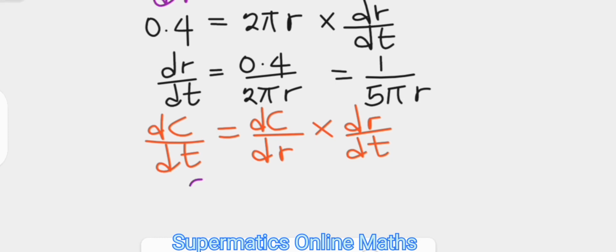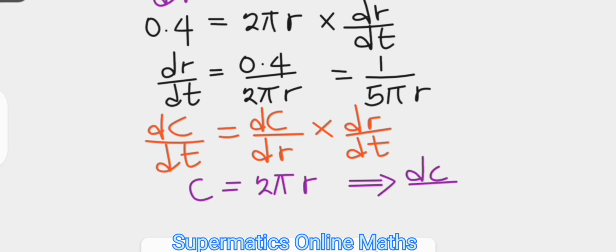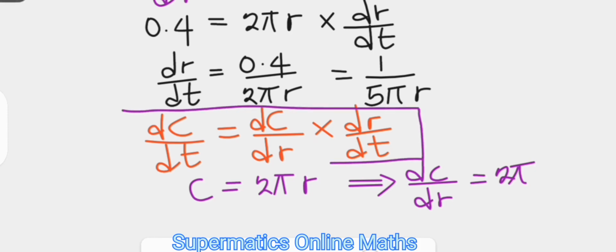But the circumference of a circle is 2 pi r. This implies that dC/dr is 2 pi. So we substitute this value, dC/dr, and the one earlier obtained, dr/dt, into this formula using the chain rule.